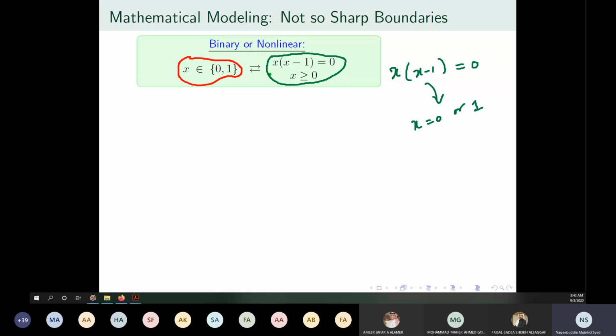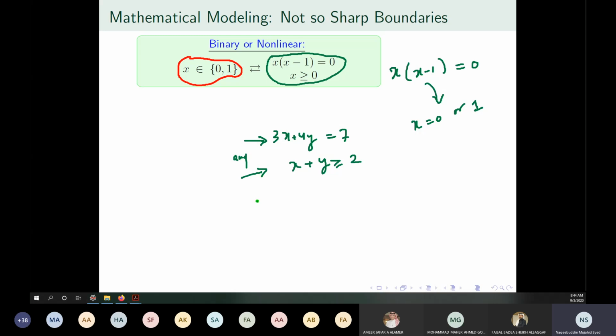Okay, Amir? Yes, okay. But how about the x greater than 0? We just disregard it? No, it is intersection. When you write many constraints, let's say you have constraint 1, 3x plus 4y equals 7, and then you have x plus y greater than or equal to 2. So this constraint and this constraint.